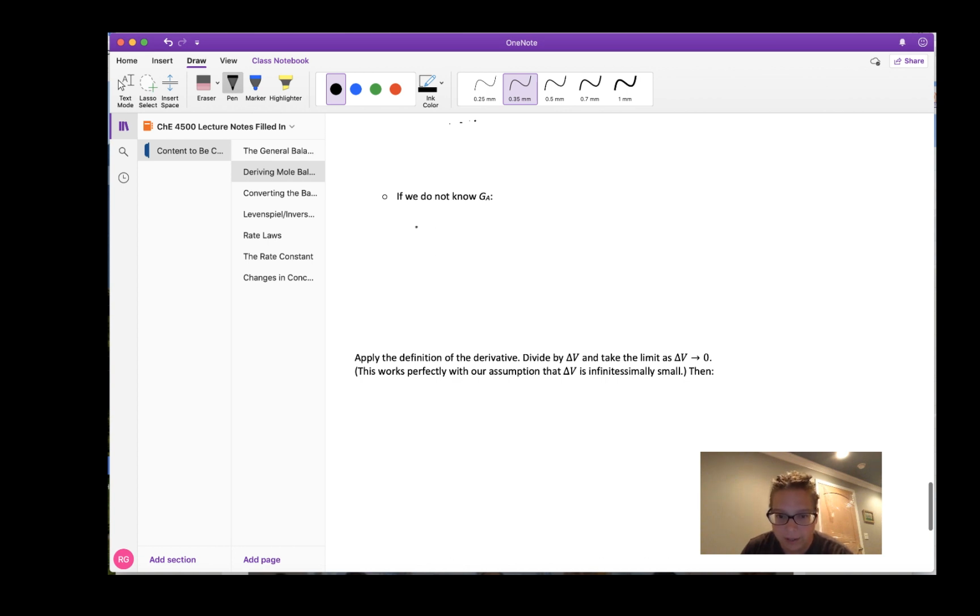So to do that, let's draw the PFR system again. So we have this cylindrical reactor, and stuff coming in at the beginning, or at the feed, and stuff exiting. And we said that this is the length of the reactor, so we call this Z, the length, and this is concentration.